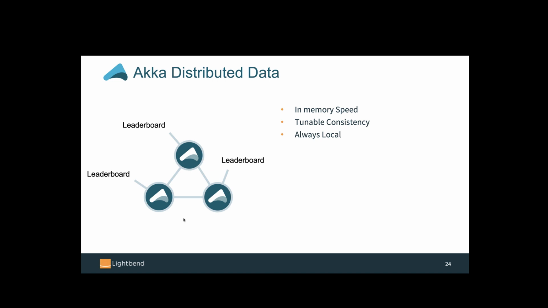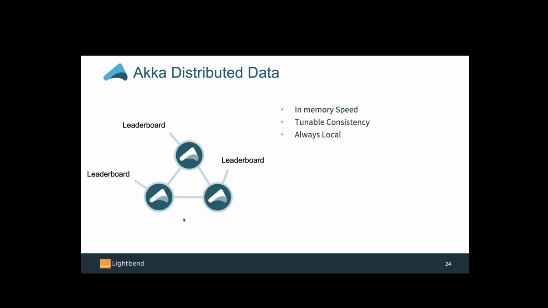For those of you who are familiar with the CAP theorem, there's another tool for that, and that's called Akka distributed data. And things like leaderboards. So we're playing a video game, and we want to know the rankings of everyone who's in our competition right now. Well, with a leaderboard, we're able to synchronize this data across all 3 of these nodes.